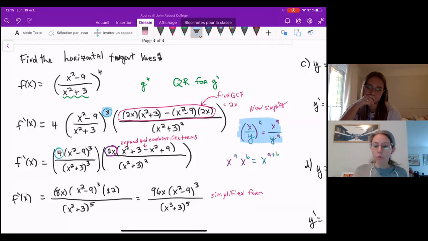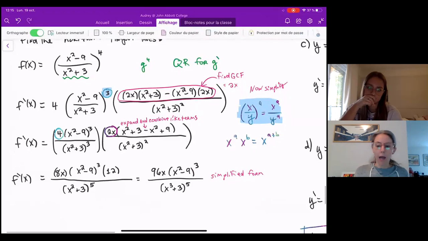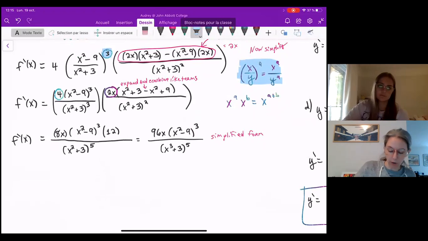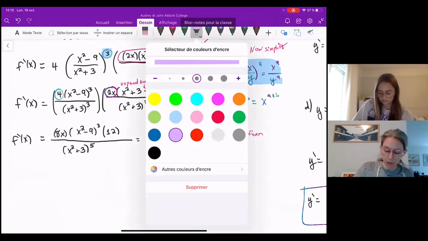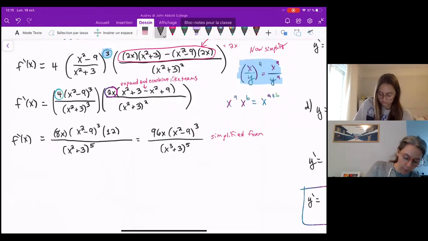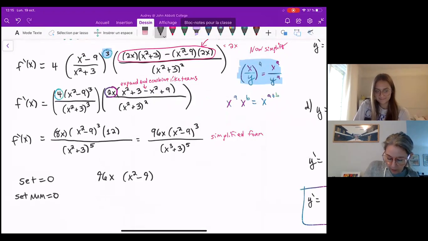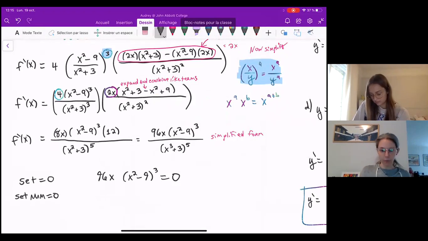Okay, so now to finish the question, I need to set this equal to 0, which is equivalent to setting the numerator equal to 0. Remember, the denominator doesn't matter when we're setting equal to 0. So we're setting the numerator equal to 0. So I have 96x times (x squared minus 9) cubed is equal to 0. 96x equals 0 gives me x equals 0.